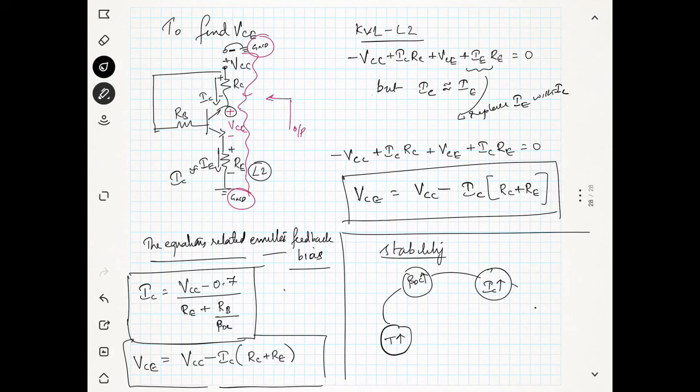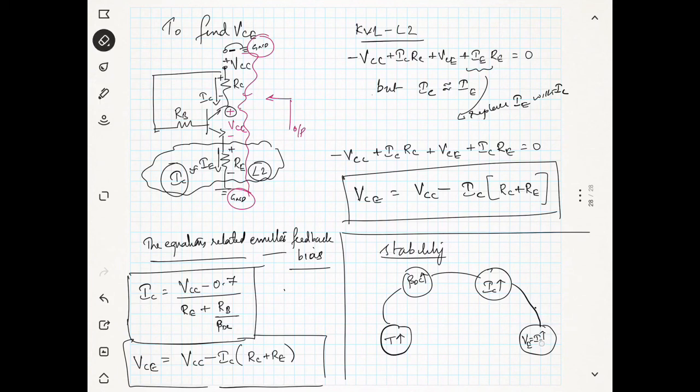As IC increases, the voltage at the emitter VE, which is equal to IE RE, approximately equal to IC RE, will also increase.